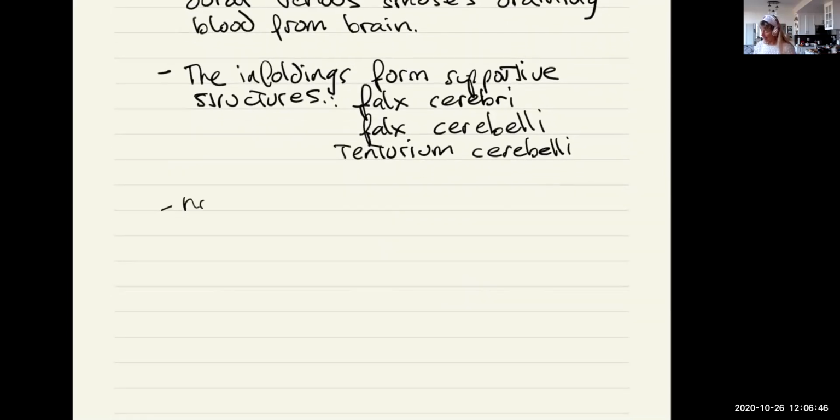There is no epidural space in the brain. There are also no pain receptors in the brain.